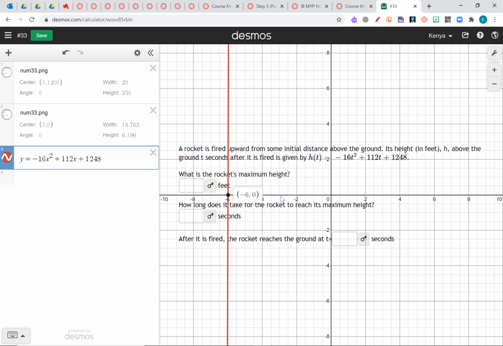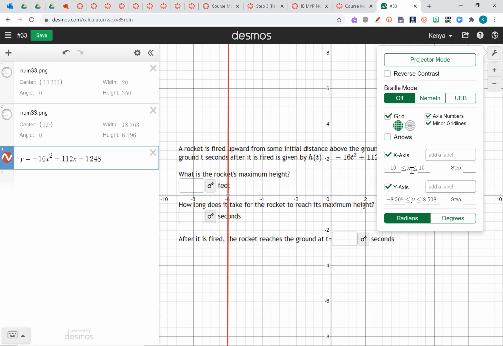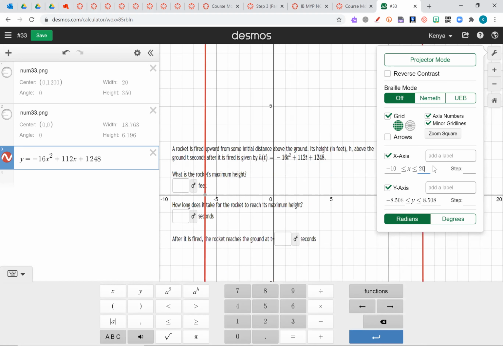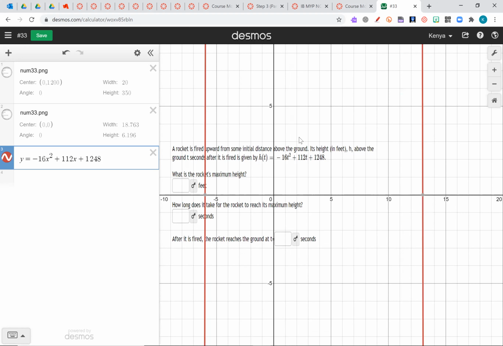And that means I need to increase my visible domain to be able to show me what my positive values might be. Here you can see my visible domain is negative 10 to 10. So I'm going to increase it by 10 to 20 to see if that will allow me to see the width of the parabola. And voila, I can now see the width of the parabola.